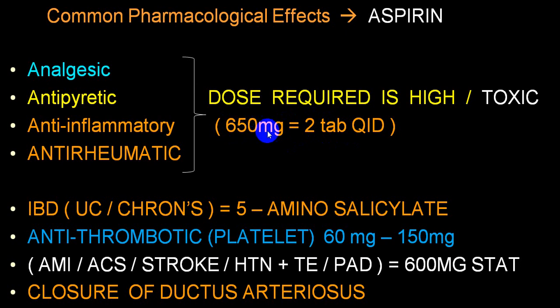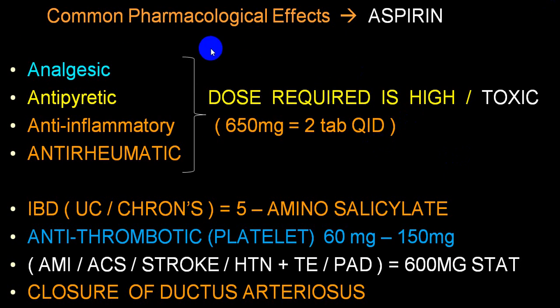So minimum you have to give 2 tablets and you have to give frequently because the half-life is very short. Larger the dose, side effects are more. So bleeding tendency, GI side effects, damage to liver, damage to kidney become high.